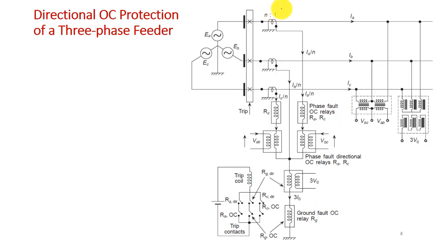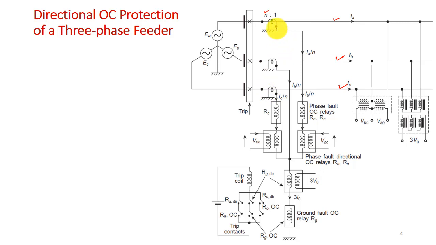So this is your three-phase feeder, where we can see we have three phases. They are associated with three lines, and with each line we have CTs having ratio N to 1. Each of the CT ratio is N to 1.